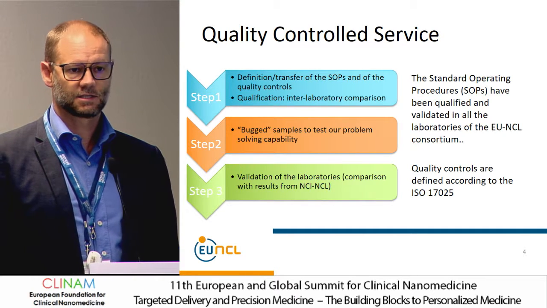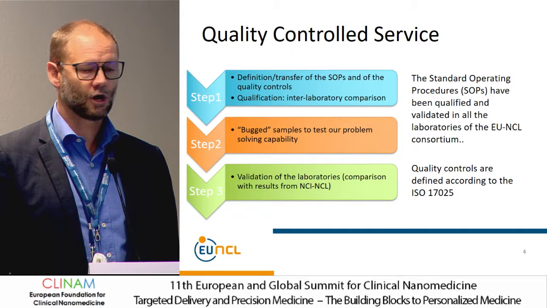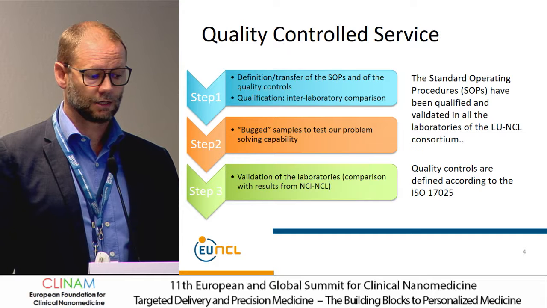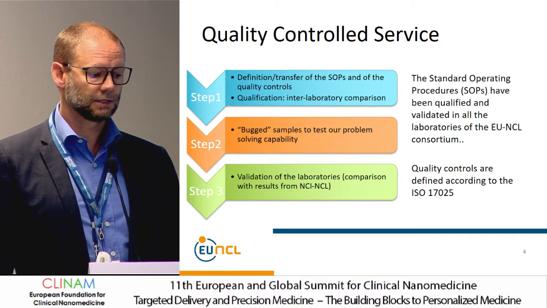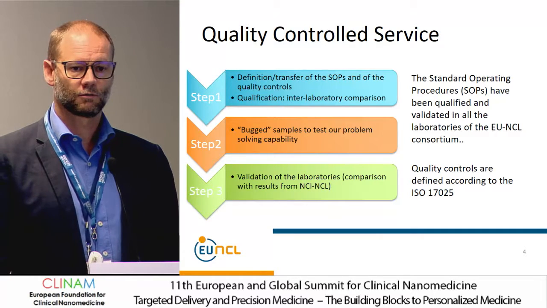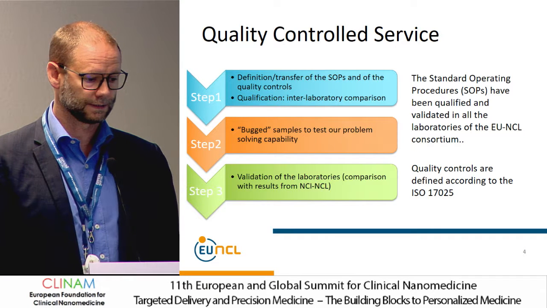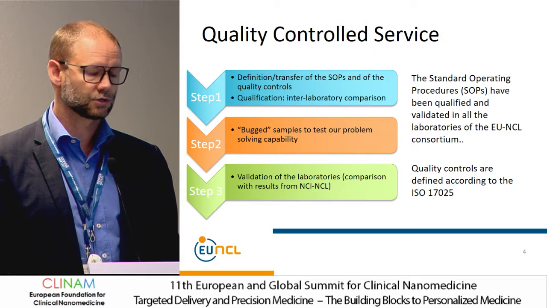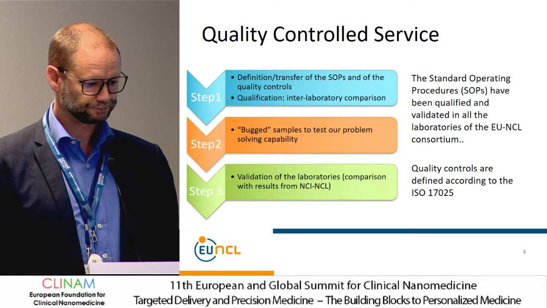Finally, we met the quality requirements in order to provide services at really high quality standards in EUNCL, to mirror what EUNCL is able to provide. So we're really working at the best quality controls, non-GLP level.